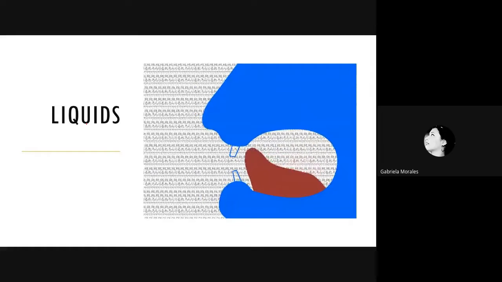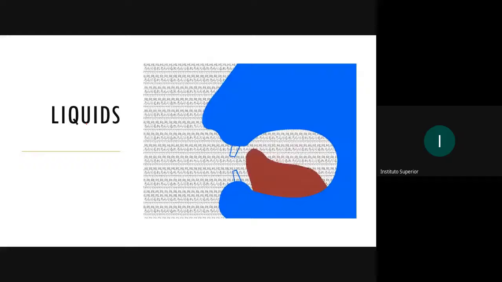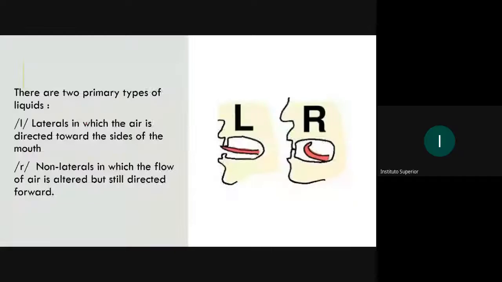The R. Yeah? L. Yeah. We have two liquid sounds. How do we pronounce this one? This one? R.